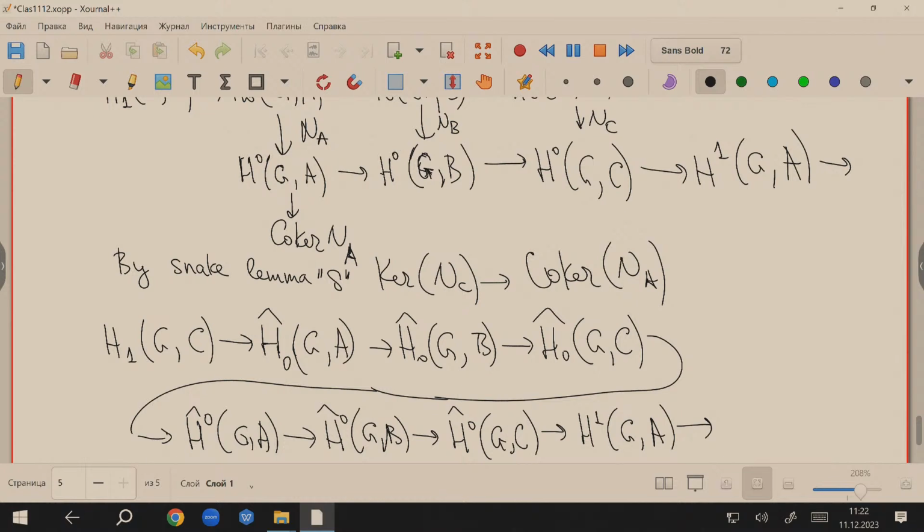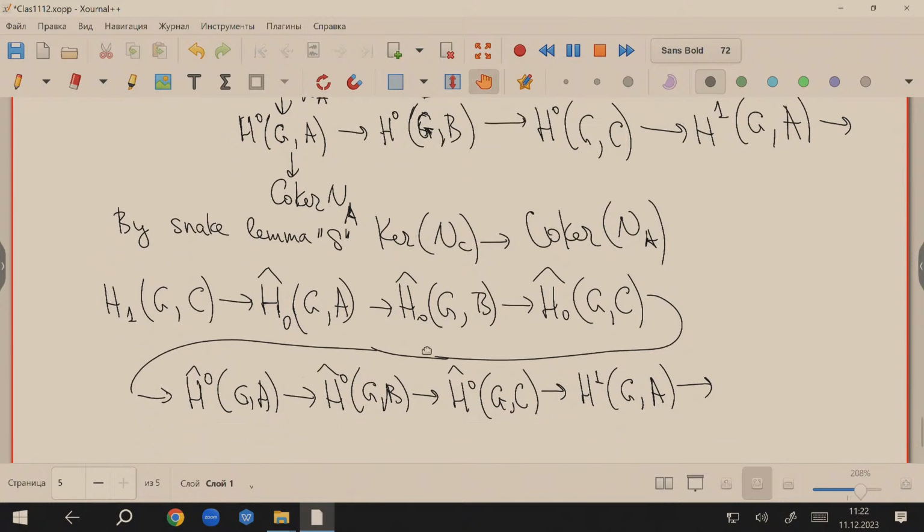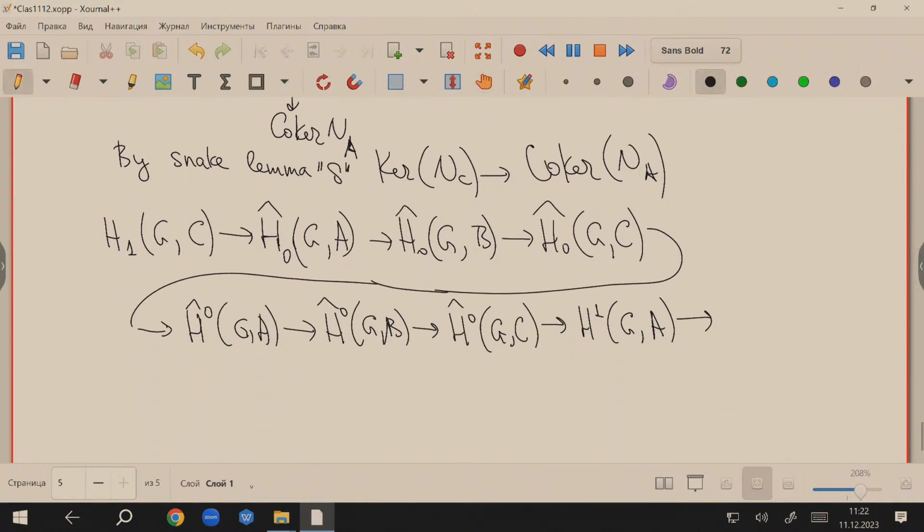You may think of this as follows: you are taking a resolution of M, projective, P0, P minus 1, P minus 2, and M maps by the norm map. The norm map is still valid.